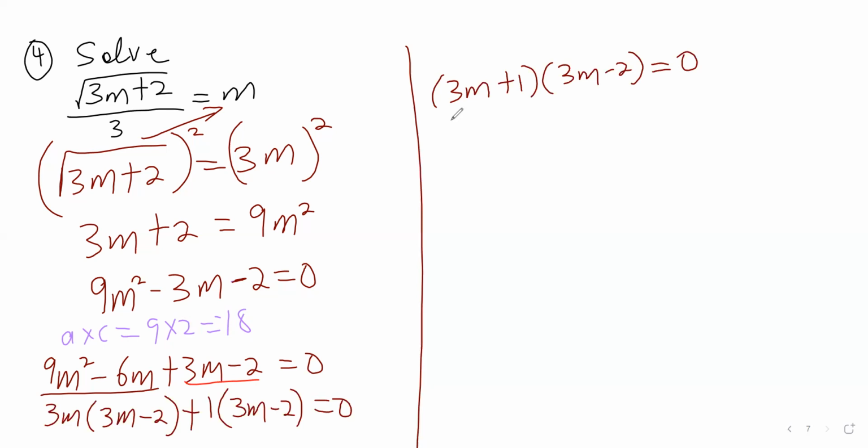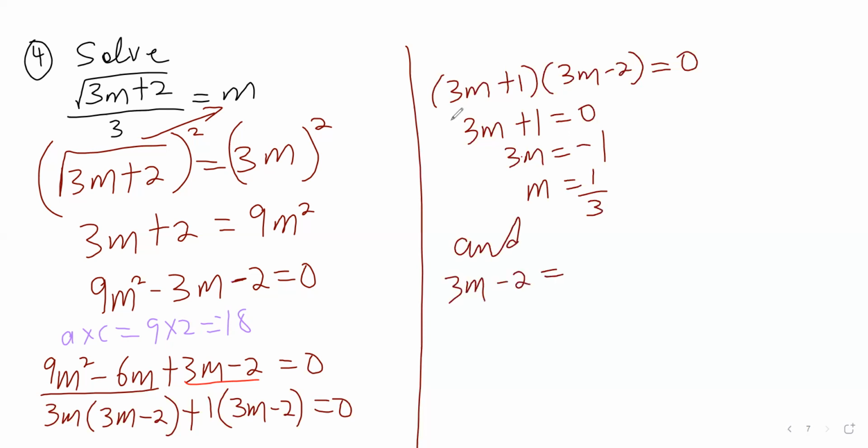So our solution becomes 3m plus 1 equals 0. So 3m equals negative 1 and m equals negative 1 over 3. And we also have 3m minus 2 equals 0, 3m equals 2, m equals 2 over 3. So our solution is m is equal to negative 1 over 3 and m is equal to 2 over 3.